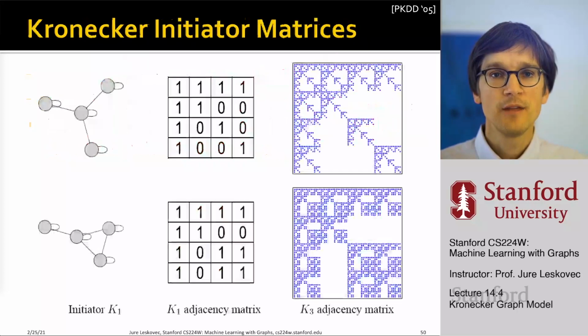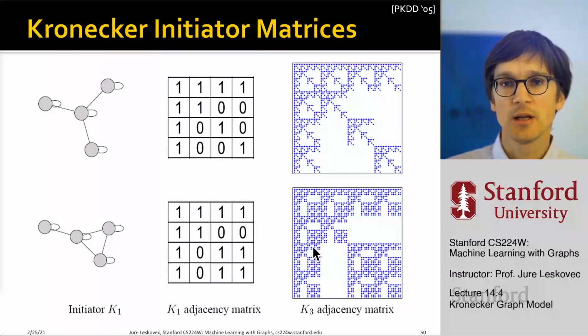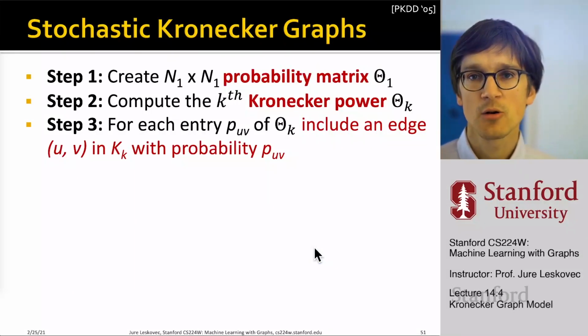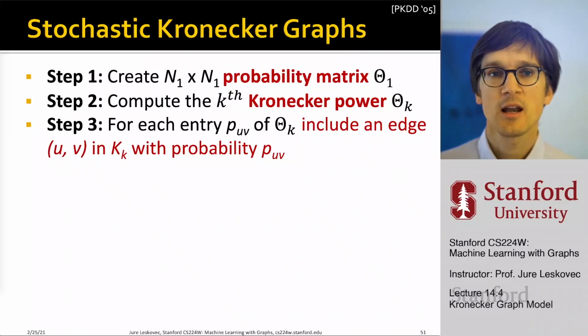So far, we have defined Kronecker graphs as deterministic, right? We started with a 0, 1 adjacency matrix and we generated a bigger adjacency matrix. So what we want to do next is make these Kronecker graphs stochastic. We want to make it so that it generates random graphs.